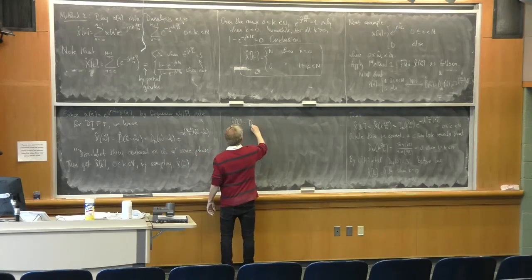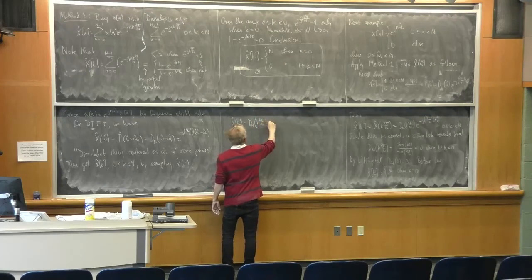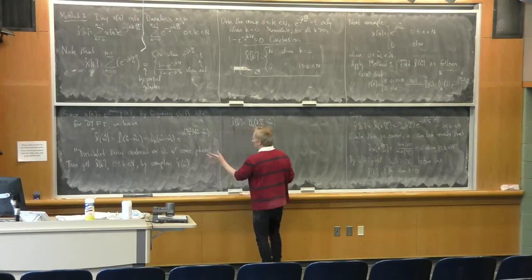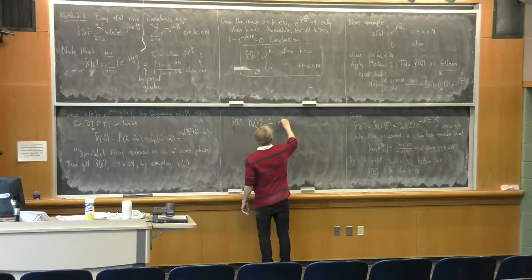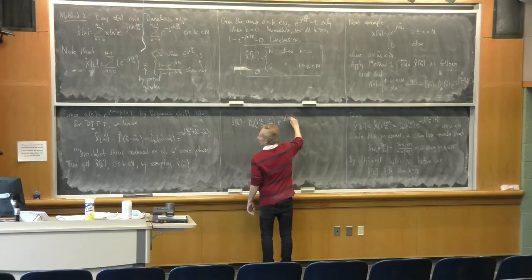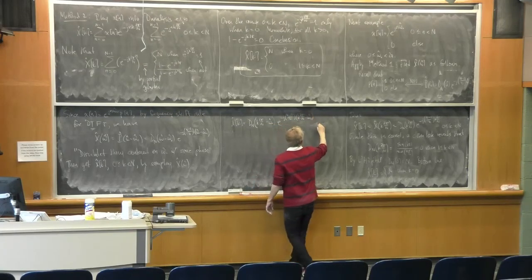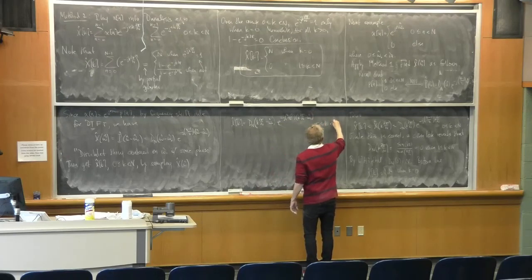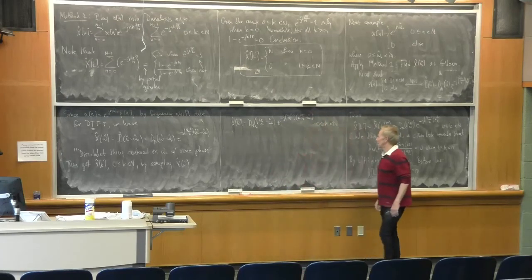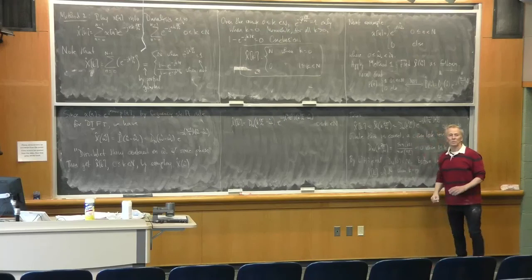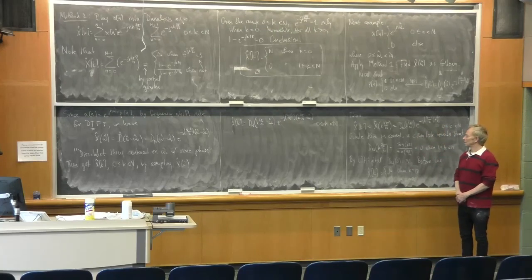So D sub N of k 2 pi over N minus omega 0 hat times the phase. And that's going to be the value of x hat of k, and that formula holds for k from 0 through N minus 1.